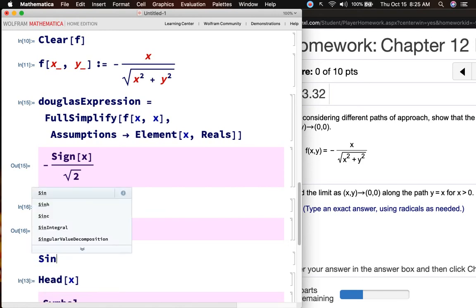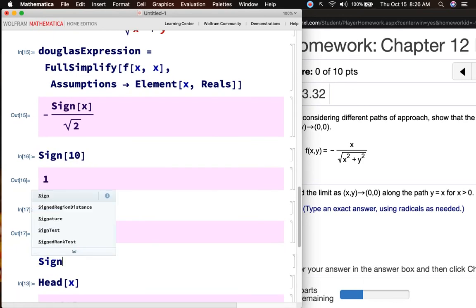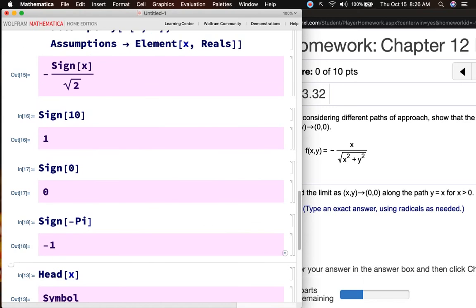It's 1. What is the sign of 0? It's 0. And what is the sign of negative pi? It's negative 1. So the Sign function is going to return either 0 or positive 1 or negative 1, depending on whether the number is equal to 0, greater than 0, or less than 0.